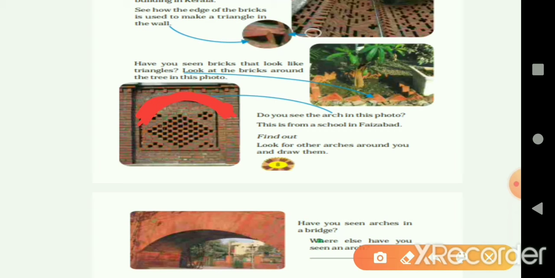Arc means it is formed in a half circle. That's why we can say that it is called an arc pattern. Now you found the arc pattern around you.